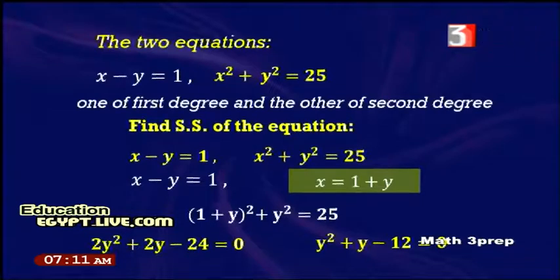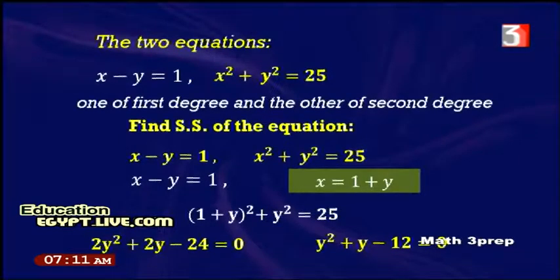It is y and y. What about 12? It may be 1 by 12, it may be 2 by 6, and it may be 3 by 4. What are you going to obtain? You are going to obtain 3 by 4. Why? Because the difference between them gives 1, which is the middle term.